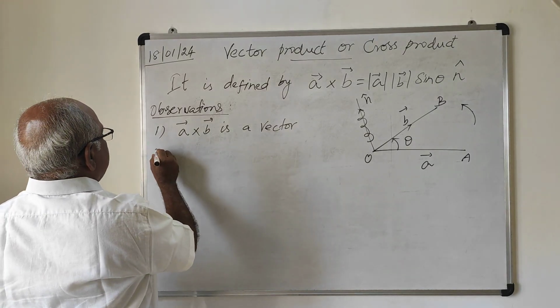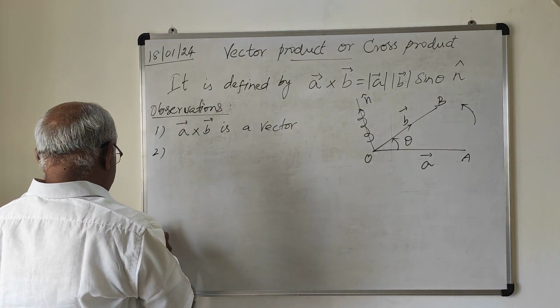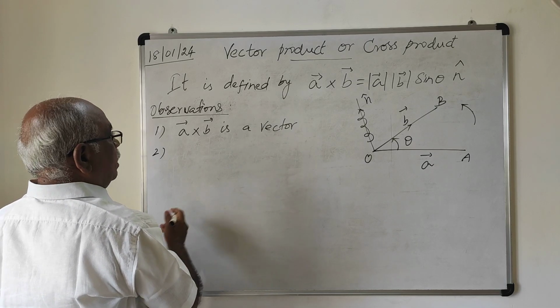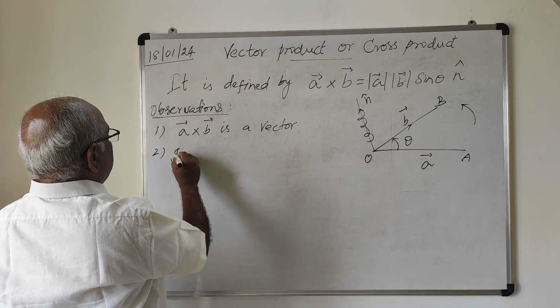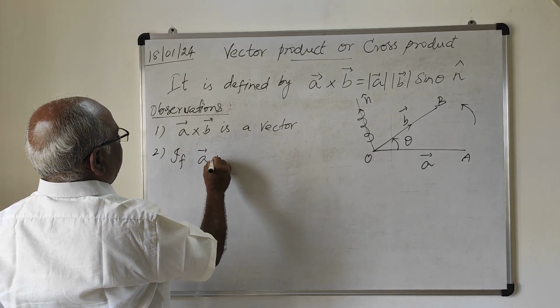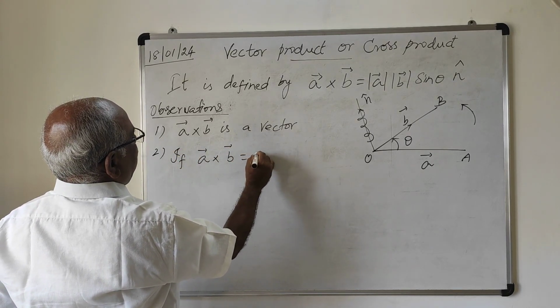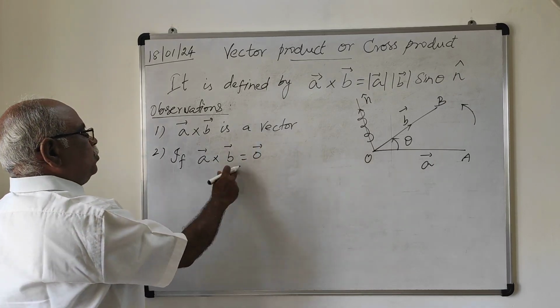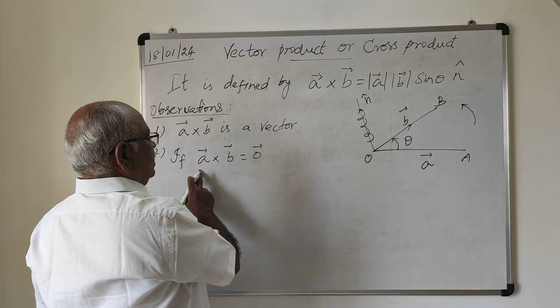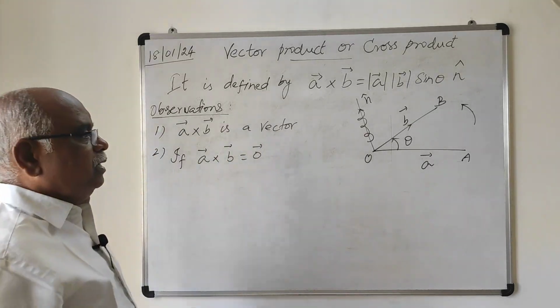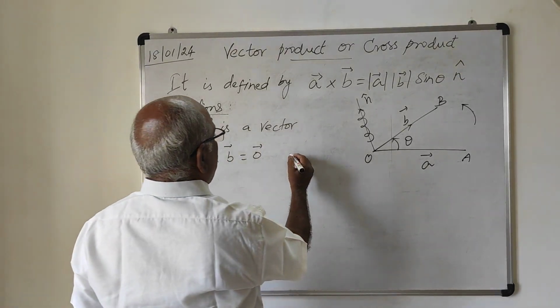The second one is, if A cross B equals 0 vector, I mean if A cross B is 0, in this case either A vector is 0 or B vector is 0 or theta is 0.